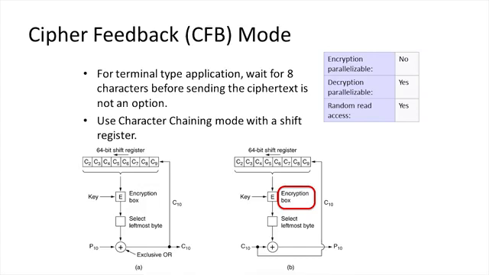Since each cipher character needs to wait for the previous shift register encryption result, the characters cannot be encrypted in parallel. It has to be done in a sequential manner. On the decryption side, once you receive enough previous ciphertext characters to fill the shift register, you can start the decryption process. Therefore, decryption can be parallelized, and so is random read access.